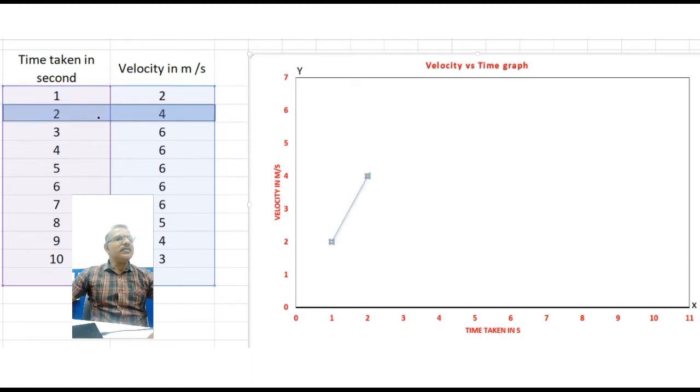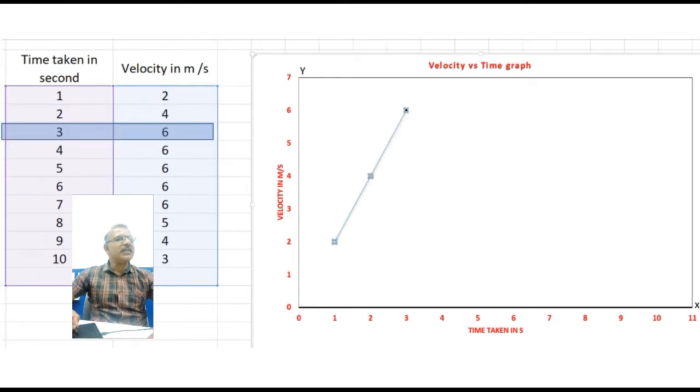And the next value is for 2 seconds, it's 4 meters per second. And like that, for the third second, it goes still higher here, right? So these are all the points which indicate velocity as well as the time.